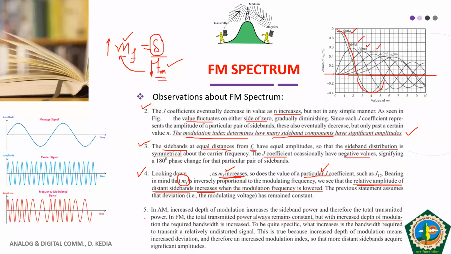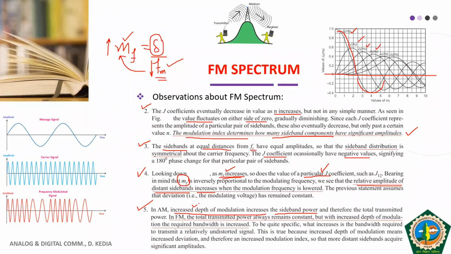Now next observation. In this observation, we have to notice one point, that it is written that increased depth of modulation increases the sideband power. So what does it mean?